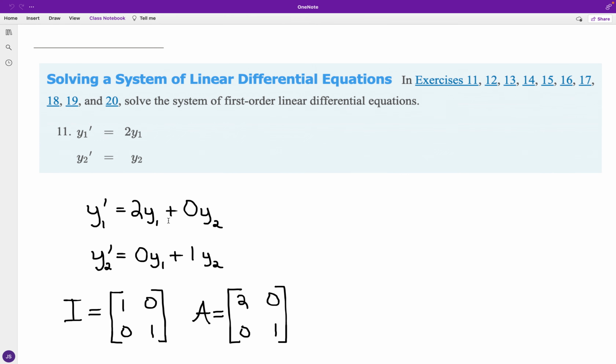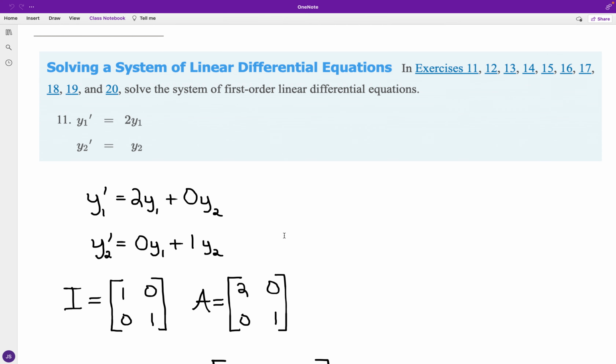If we put this system in terms of matrices, using both y sub 1 and y sub 2, we can say that the first order derivative of y sub 1 is equal to 2 times y sub 1 plus 0 y sub 2, and the first order derivative of y sub 2 is equal to 0 times y sub 1 plus 1 times y sub 2.